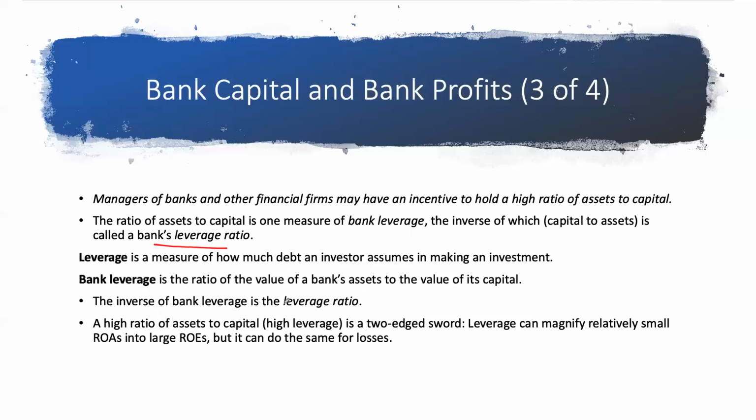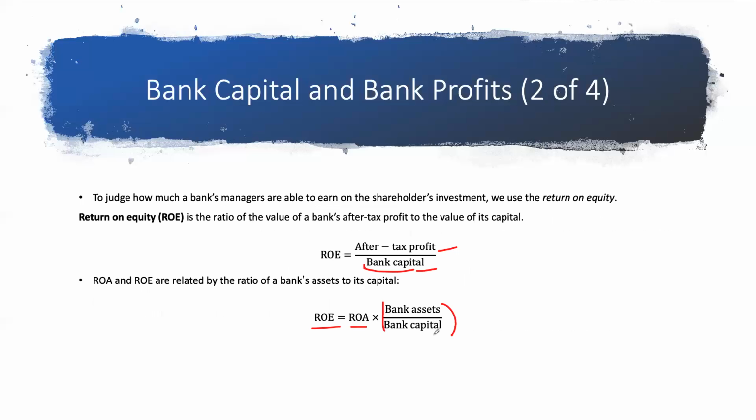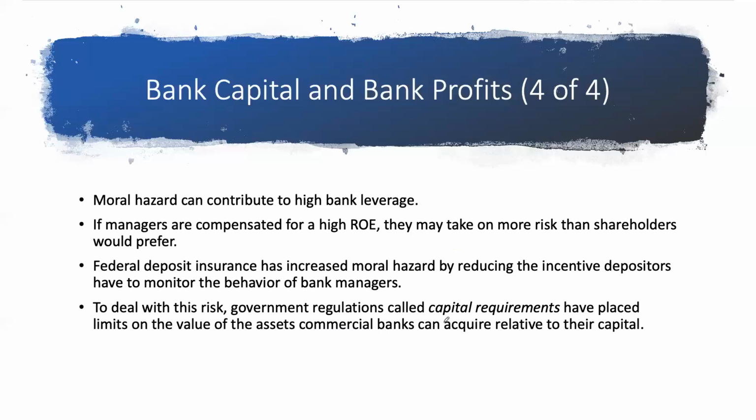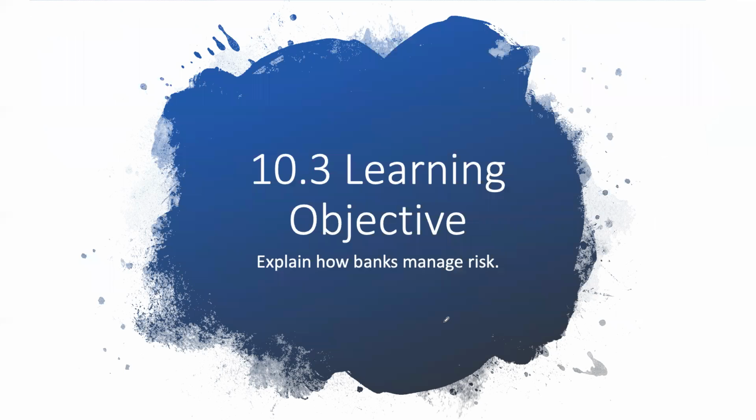If you say that bank capital needs to always be a particular proportion of the bank assets, that bank capital can never fall below a particular ratio, that puts a ceiling on how much leverage you can carry on the balance sheet, and that might mitigate some of this problem. Okay, so that's basically a basic introduction into how a commercial bank operates.